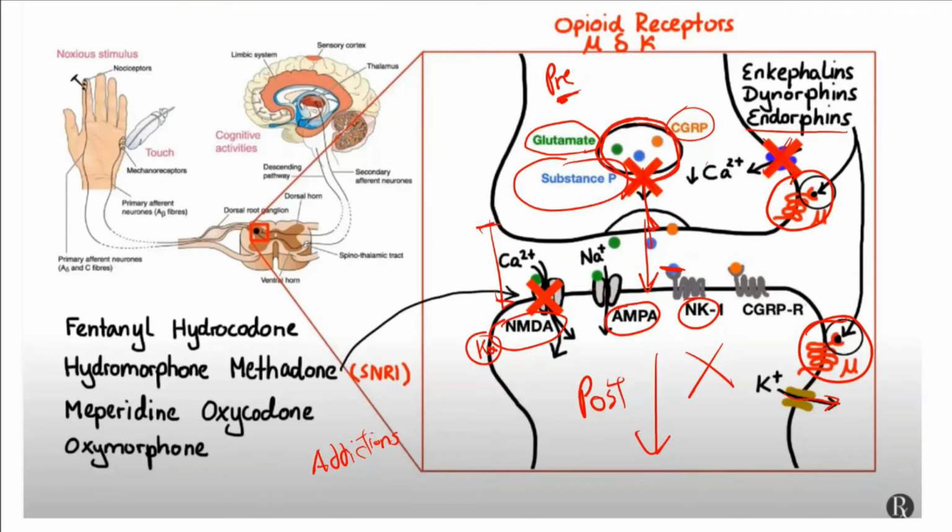It gives a partial response, maybe 25 to 30% of the euphoric feeling we feel if we take fentanyl or codeine or any of these other opioid drugs. So they're partial agonists.